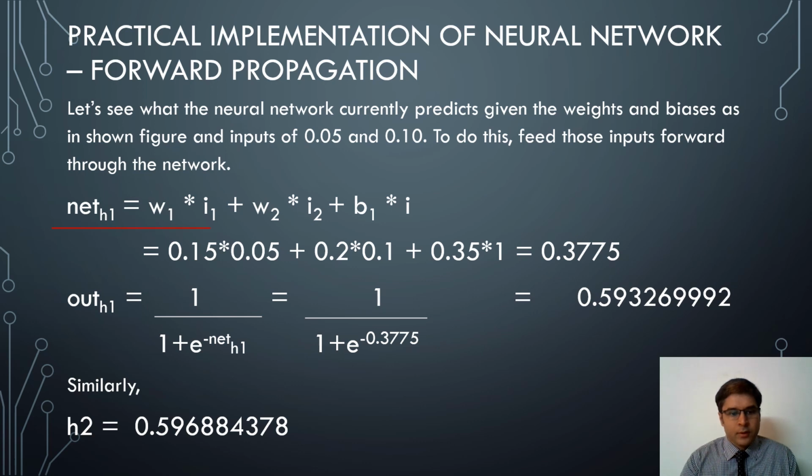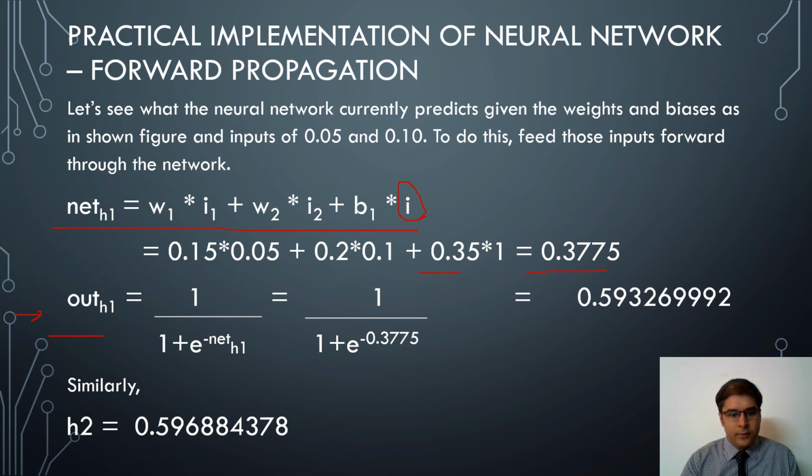The local field V is equal to W1 I1 plus W2 I2 plus B1 into 1. So 1 is the input here, and B1 is given to be 0.35. So total comes out to be 0.3775, and this local field V is supplied to the activation function. That is the output from the hidden layer node H1.